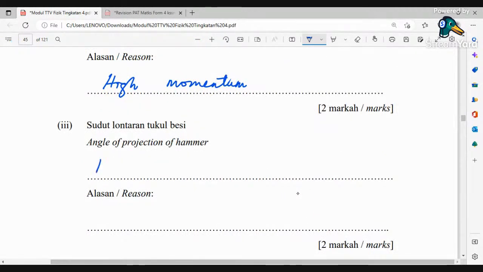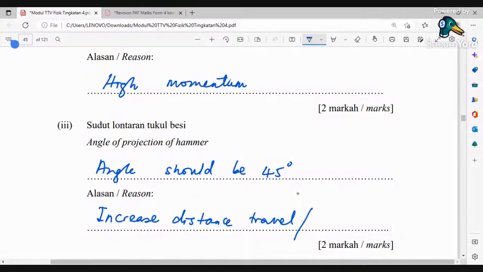So angle should be 45. So means increase distance, or horizontal distance. Increase horizontal distance travel.